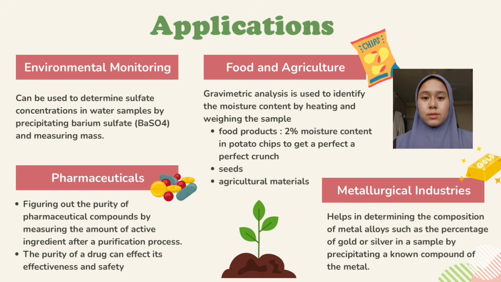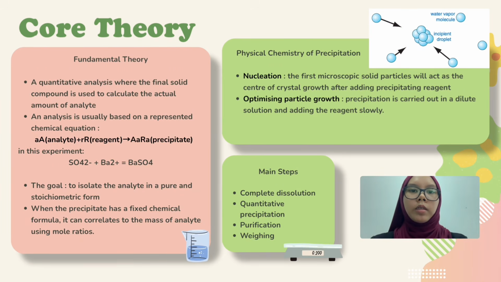Now, let's look at the core theory of gravimetric analysis. Gravimetric analysis is a quantitative method that determines the amount of an analyte by measuring the mass of a solid precipitate. In this experiment, sulfate ions react with barium ions to form an insoluble barium sulfate precipitate. The goal is to obtain a pure precipitate with a known chemical formula so its mass can be used to calculate the amount of sulfate.